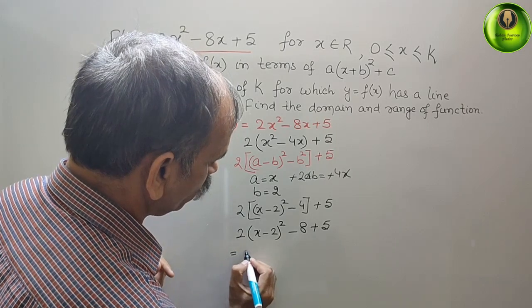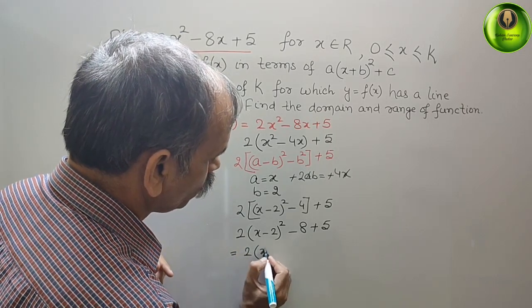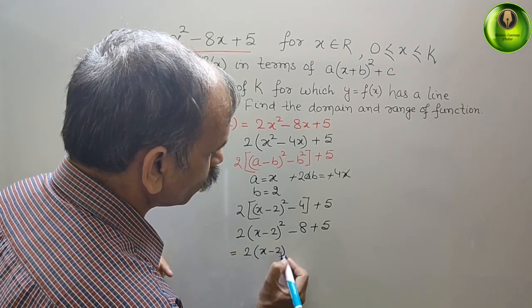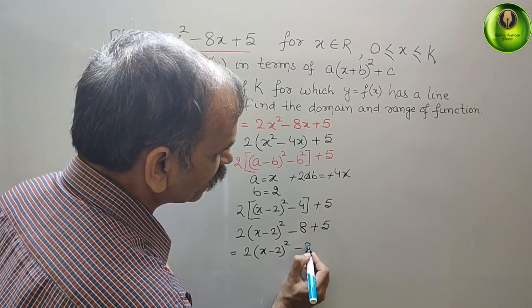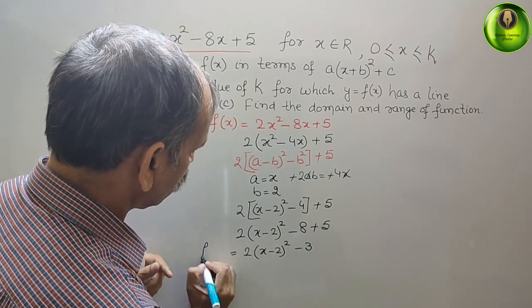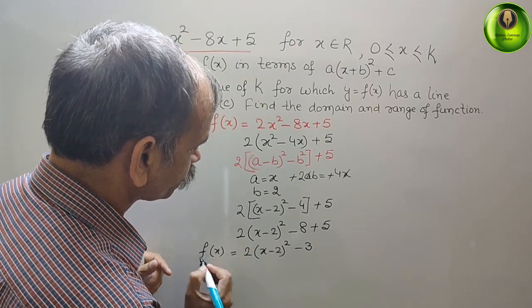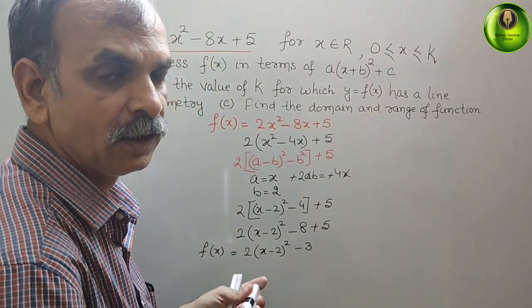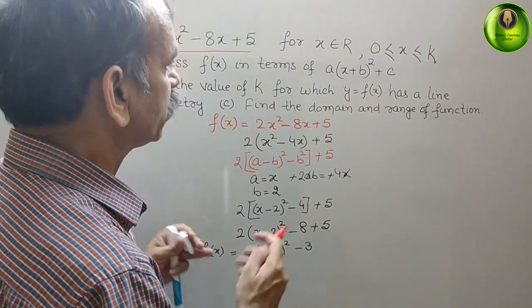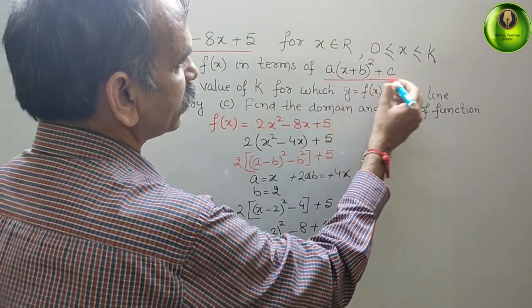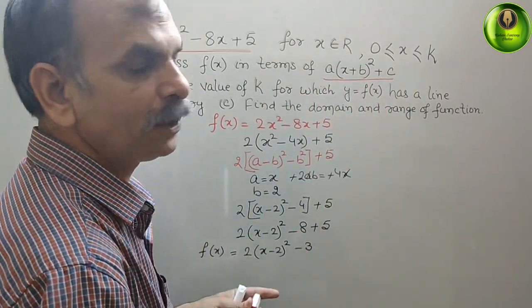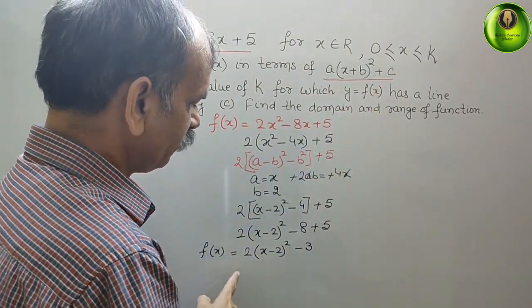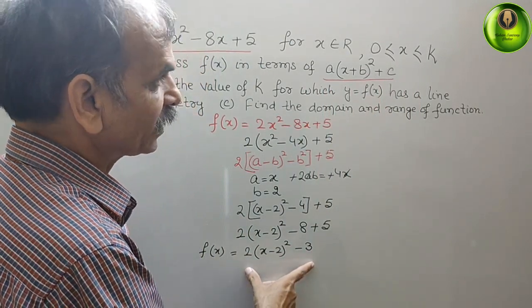Therefore, this is equal to 2(x − 2)² − 3. This is nothing but your f(x). In the first question they asked for a(x + b)² + c, and we have derived that.